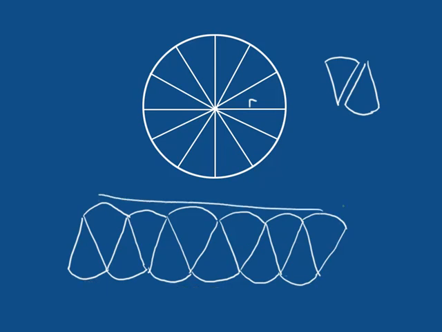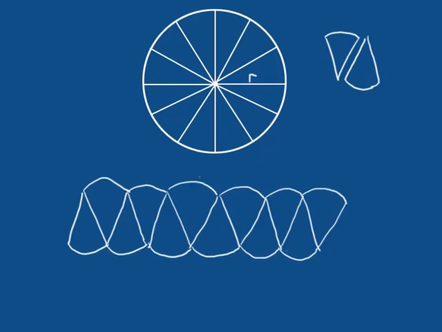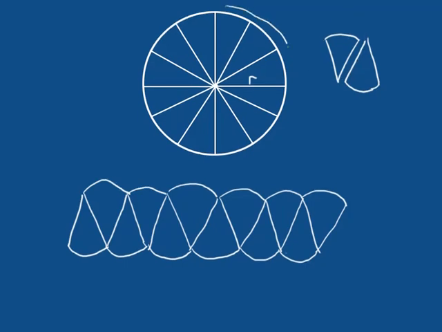So if we look at these segments here, notice that half of our segments are at the bottom and half of our segments are at the top. Thus, an approximate measurement of the distance along the bottom of this rectangular shape, if you will, is going to be half of our circumference. If we were to travel all the way along the bottom of this shape, we'd be traveling around the outer edge of half of our segments, which means we'd be traveling around the outer edge of half of our circle.